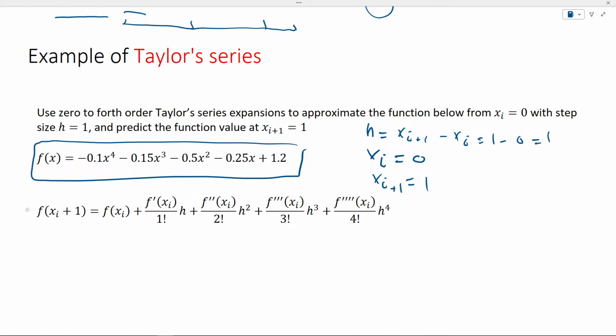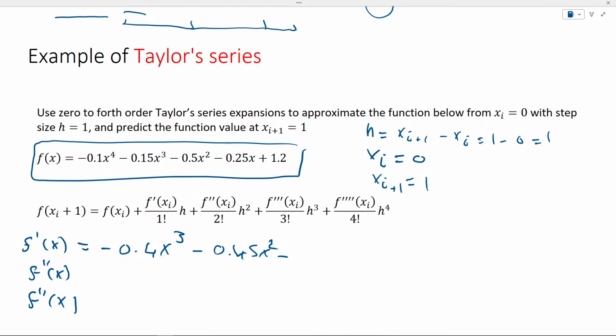Basically you need to find these derivatives. So you find the first derivative of the function, the second derivative, the third derivative, and so on. For example, you know how to do this, yeah? The first derivative would be minus 0.4x to the power 3 minus 0.45x to the power 2 minus 1x minus 0.25.